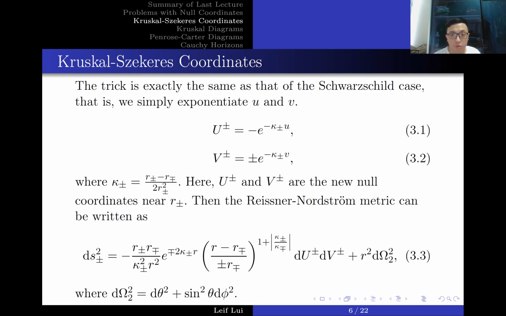So we introduce actually four new coordinates, u plus and minus and v plus and minus, and they are defined by the following equations.